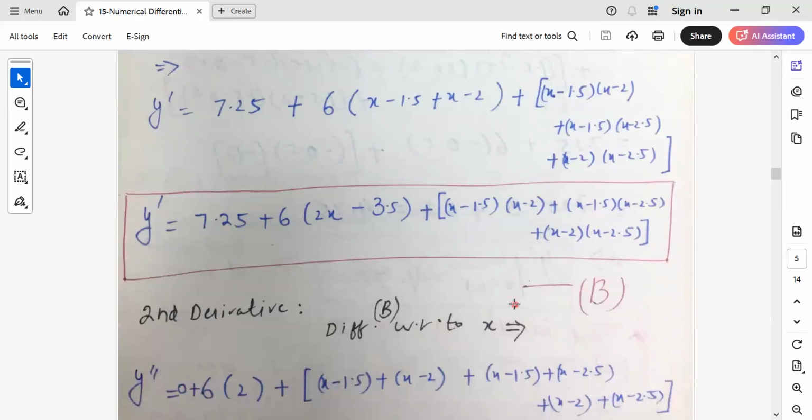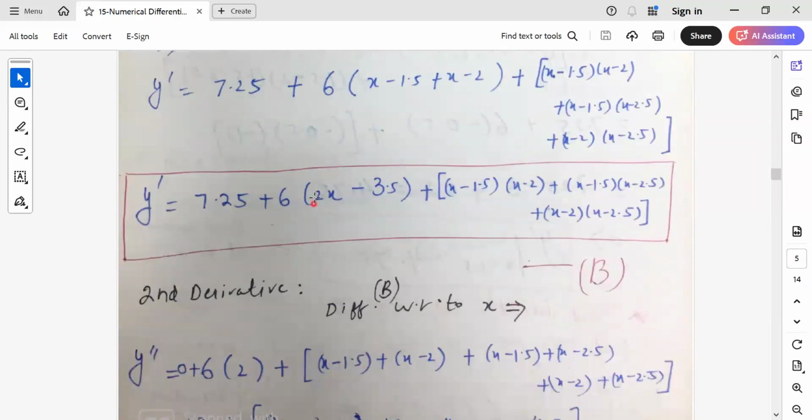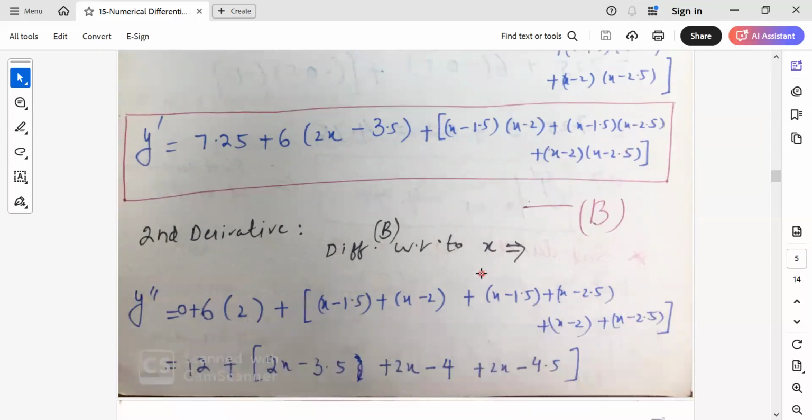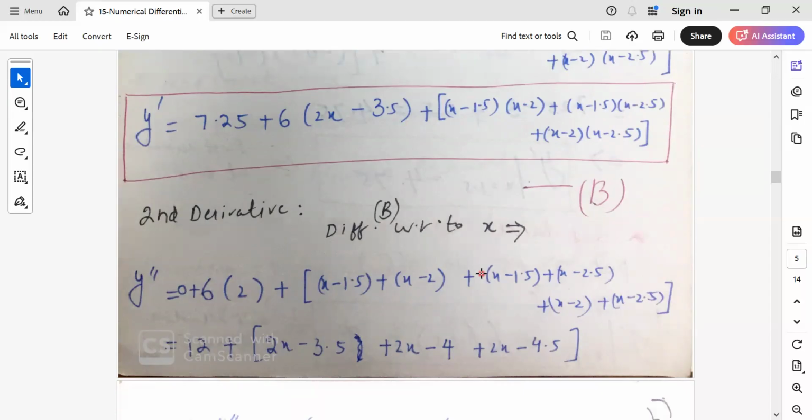If we take the second derivative, again here you will use a simple linear term, so the answer is 2 here. Here we can use the product rule, again the product rule, and 3 times you will use the product rule. After differentiating, you will get this value.